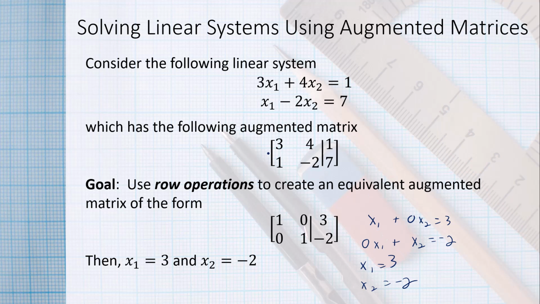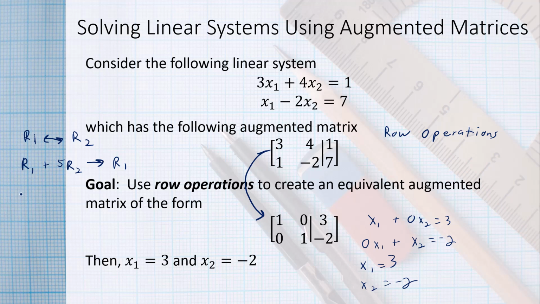And that would be the solution. The task is to get from this form to this particular form, and we need to use our row operations. Do you remember what those are? Well, the first one is you can switch around row 1 and row 2. Or you can take row 1, add some number times row 2 to it, and replace row 1.